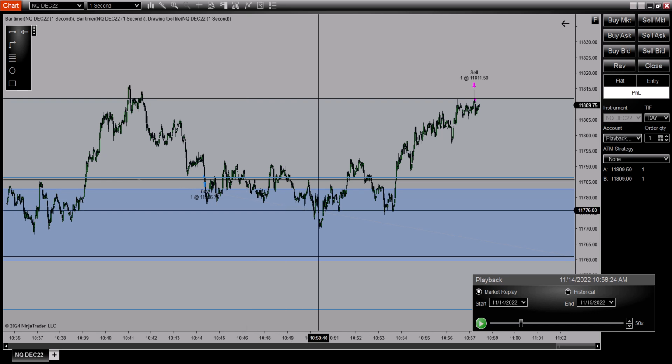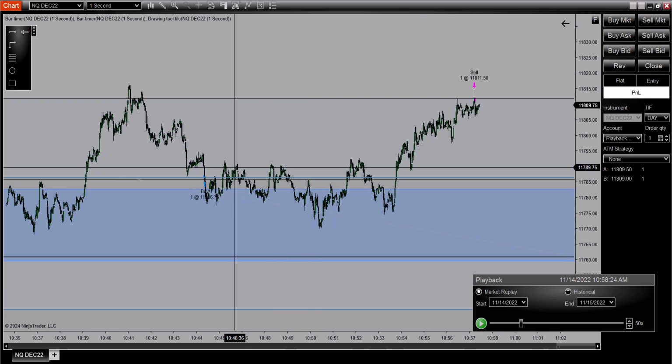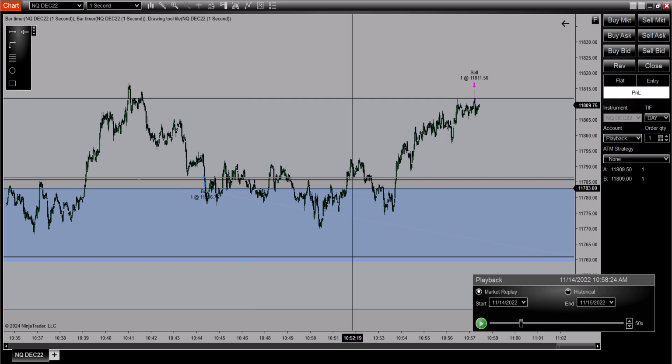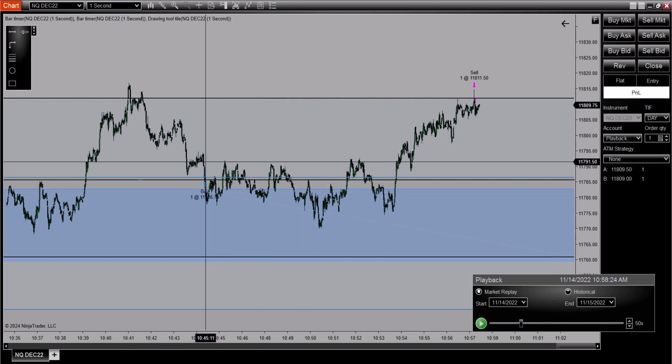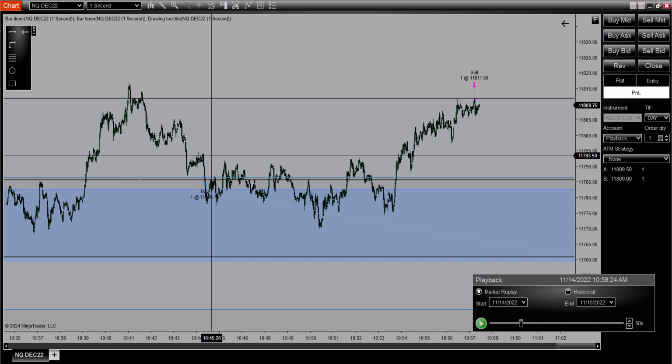So for the people that think that the 1 second is noise, then you are mistaken, my friend. I'm going to show you something very interesting that I just noticed. I'm also going to show you why I didn't wait for the 1 second to confirm my idea, because my idea was already solid. I don't need 3 to 4 confirmations, right?